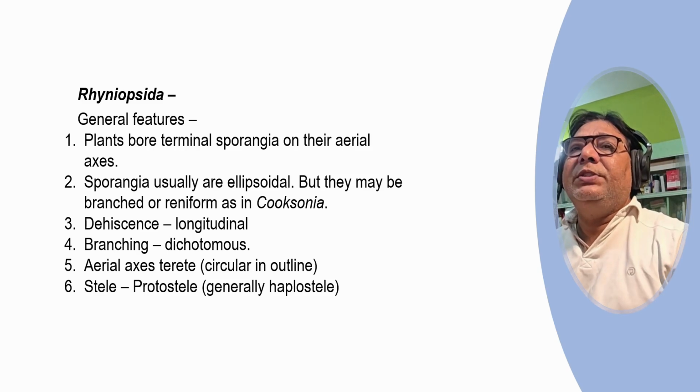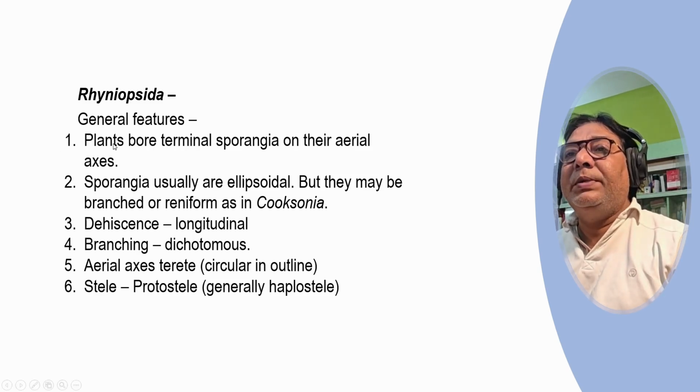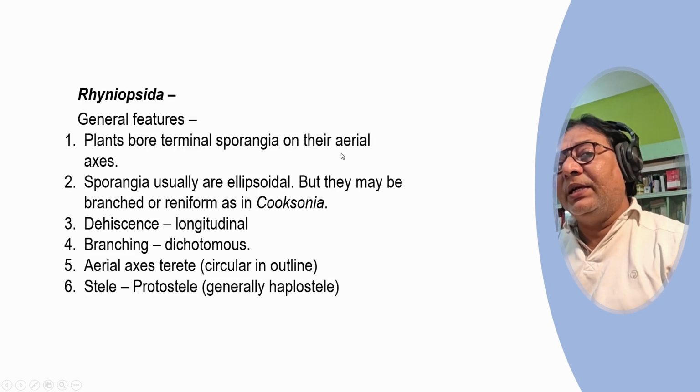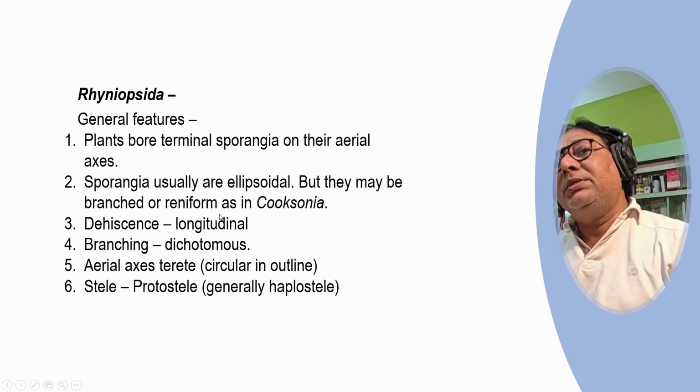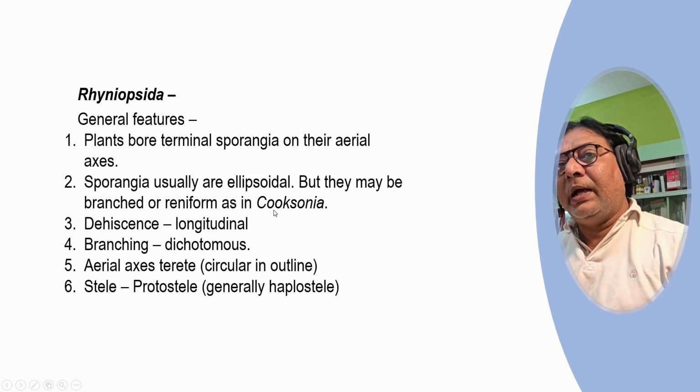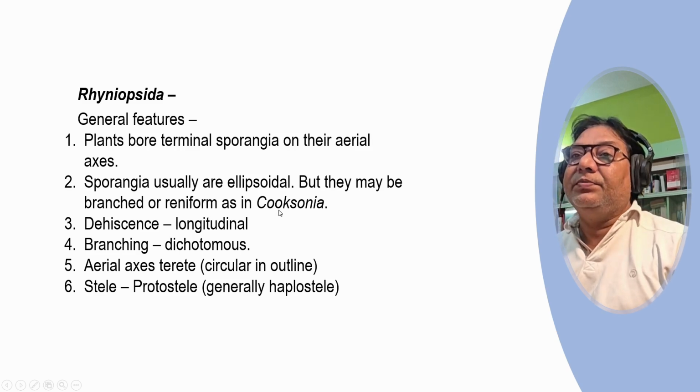The general features: plants bore terminal sporangia on their aerial axis. Sporangia are usually ellipsoidal, but they may be branched or reniform, as in Cooksonia. In Rhynia you will see ellipsoidal sporangia, but in Cooksonia you will find reniform sporangia, and these are terminal in position. Dehiscence is longitudinal, however this is about Rhynia.